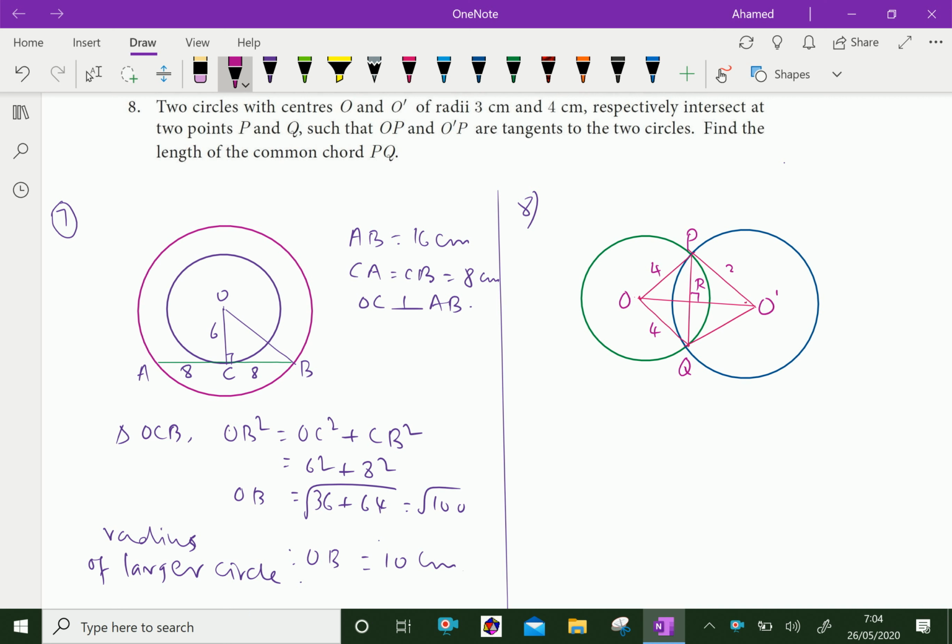O dash P is 3 and this is 3. Measurement is not to scale.